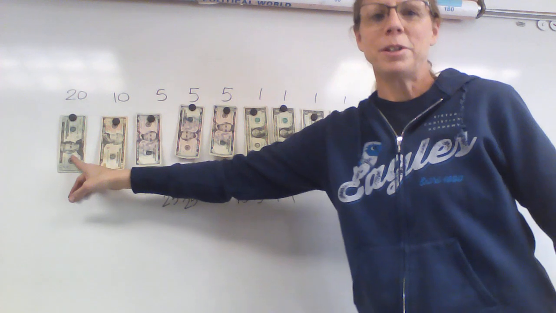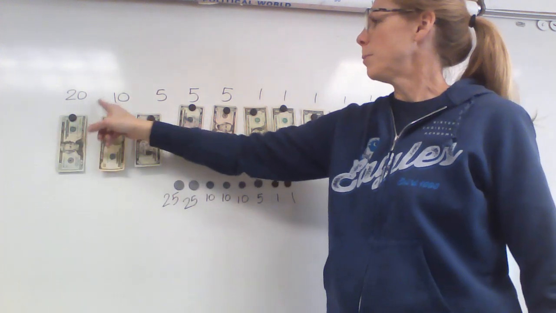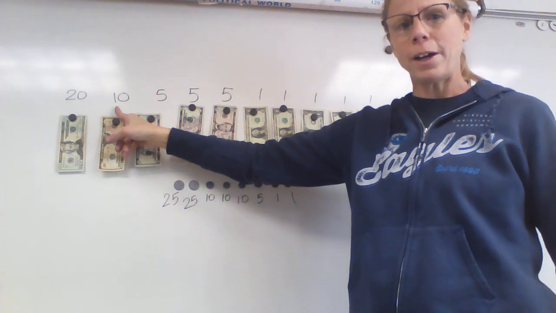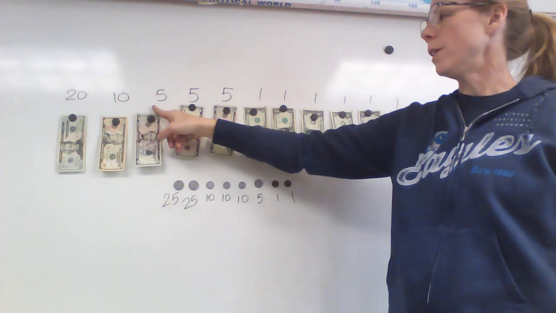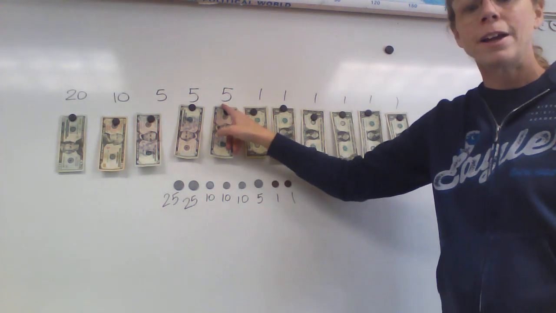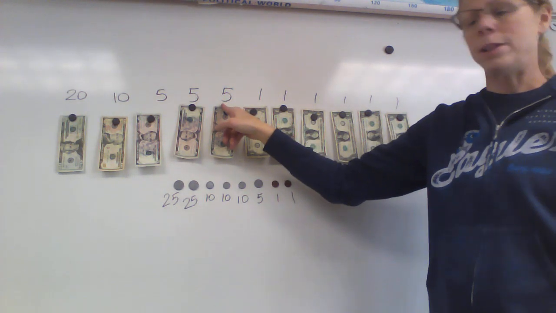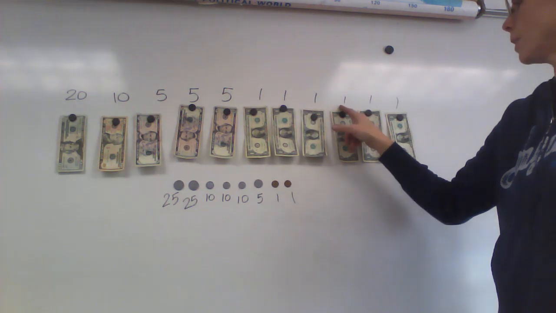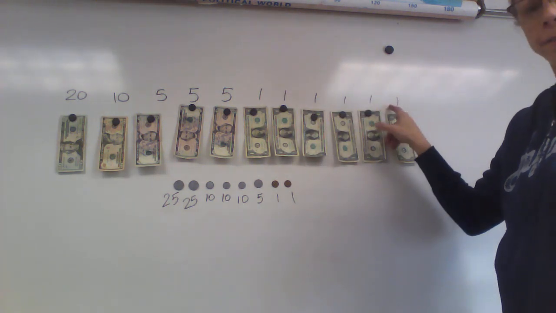So I'm going to start with 20. 20 plus 10 is 30. Then I'm counting up by my 5s. So I have 35, 40, 45. And then I've got to count by ones. 46, 47, 48, 49, 50.